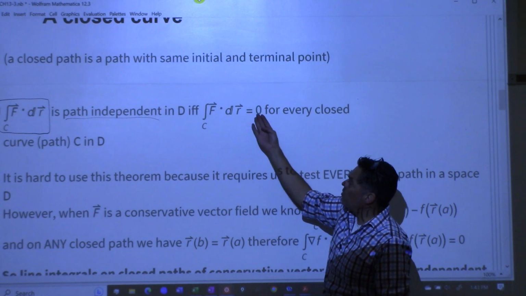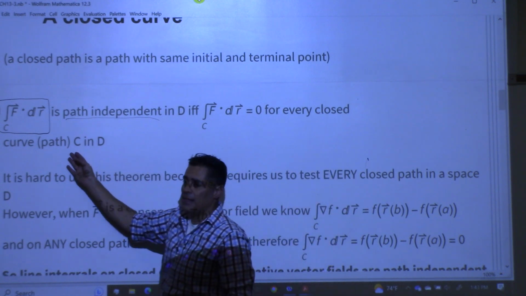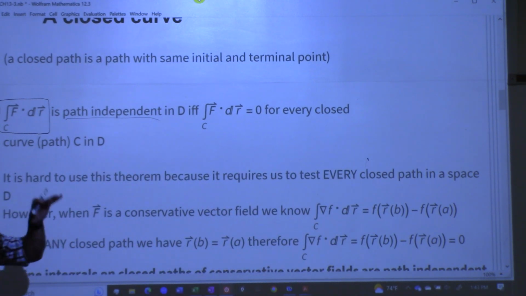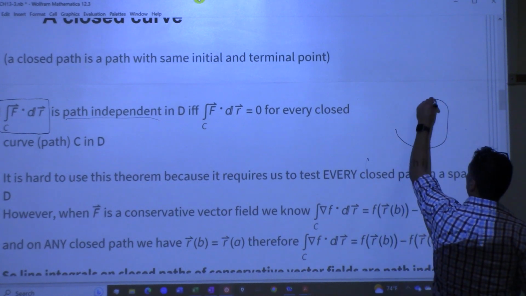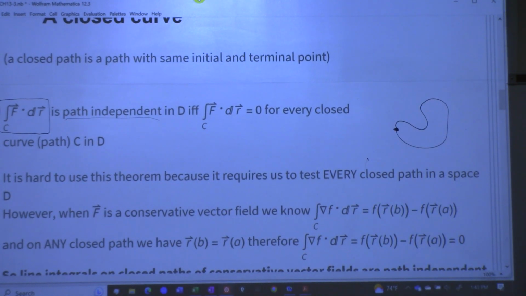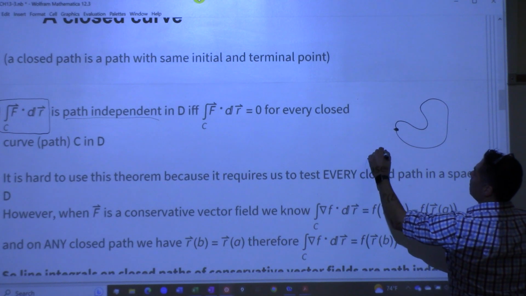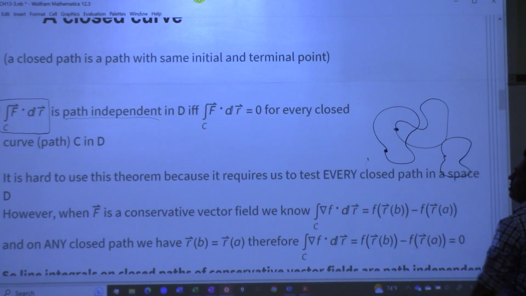If your work integral gives you 0 for every closed curve in the space, then I guarantee that you have path independence. So if you have some closed curve, and you compute the work there and you get 0, then it's path independent, meaning that every closed path in here gives you 0.